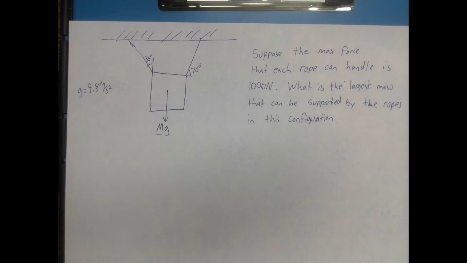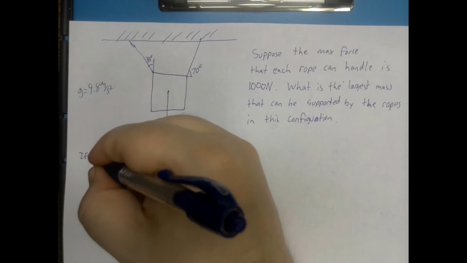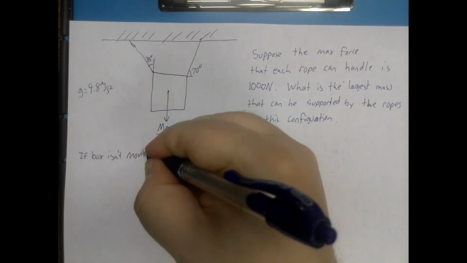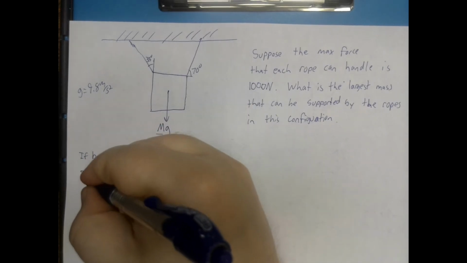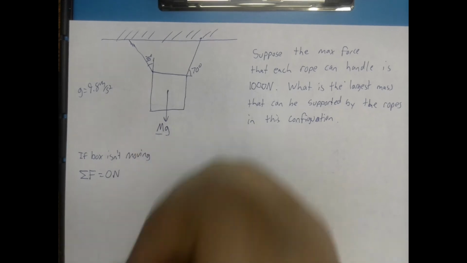What else can we gather from this problem? Is the box moving? What does that tell you? If the box isn't moving, the sum of forces is 0 newtons.